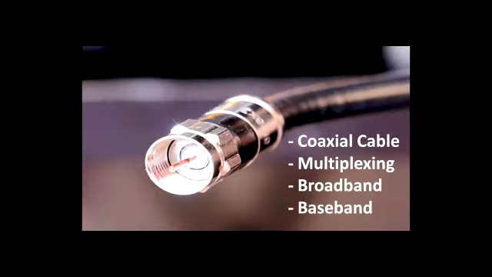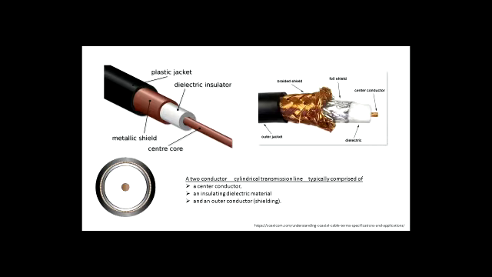All right, so let's start with the quick anatomy of a coaxial cable. The coaxial cable consists of a center core, which is right here. Then we have a metallic shield that also provides, you might call it, a ground reference.